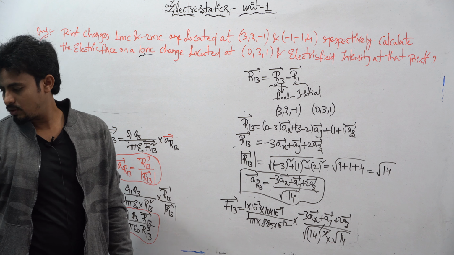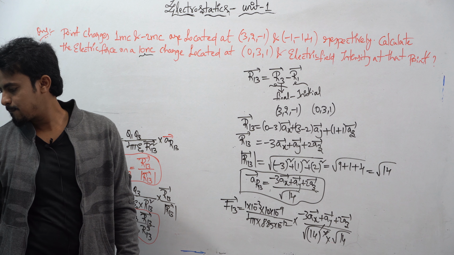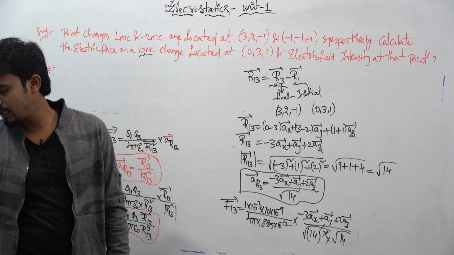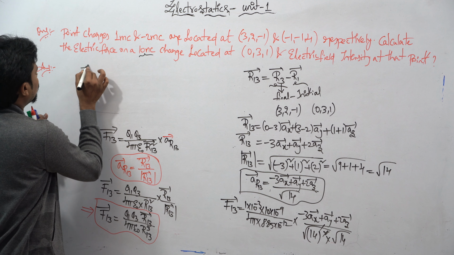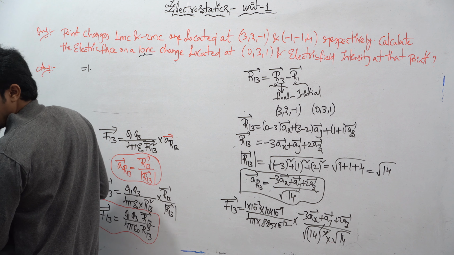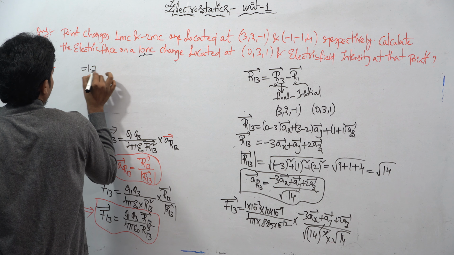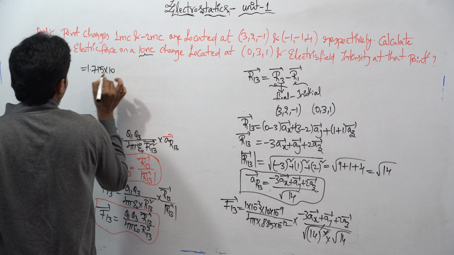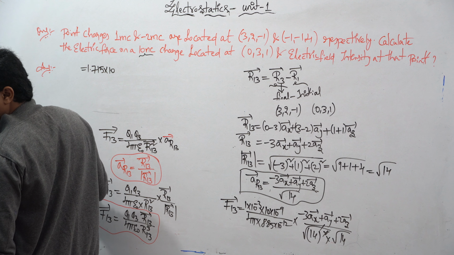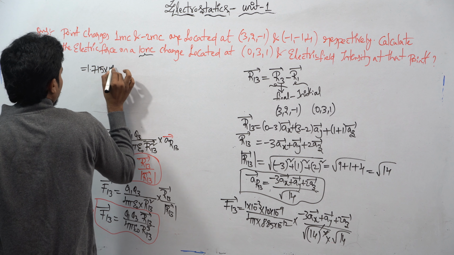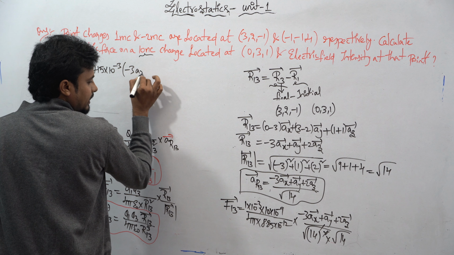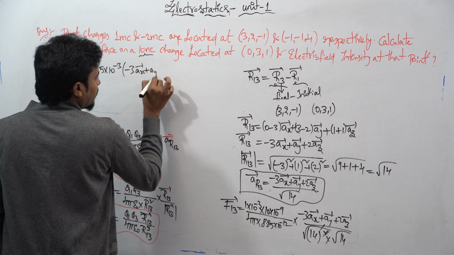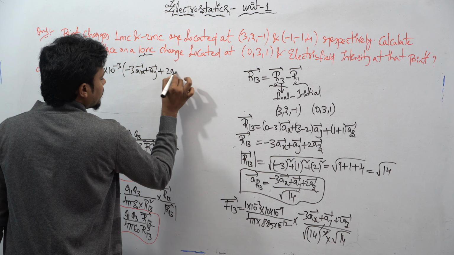So your answer be, directly I will be just writing the answer: 1.715 into 10 to the power of minus 3 into (minus ax bar plus ay bar plus 2 az bar).